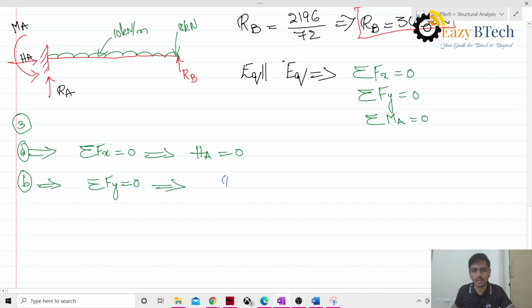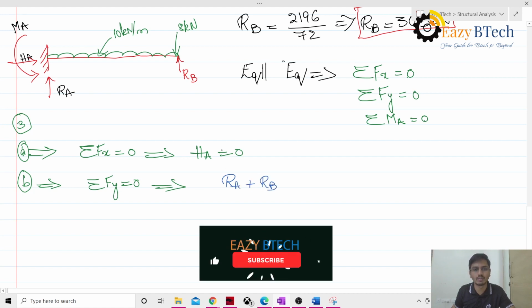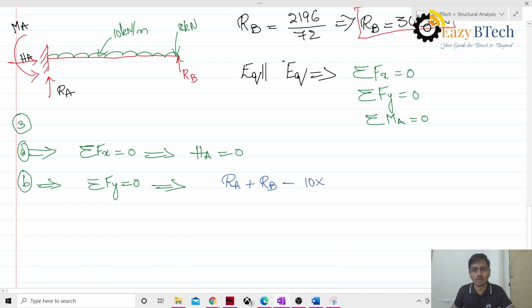We have reactions RA plus RB going in the upward direction, which will be positive, and minus 10 kilonewton per meter times 6 meters. The load of 10 kilonewton is acting throughout the beam, that is the 6 meter beam. Since it is in the downward direction, it will be negative, and minus 8 kilonewton will also be negative, that is equal to 0.